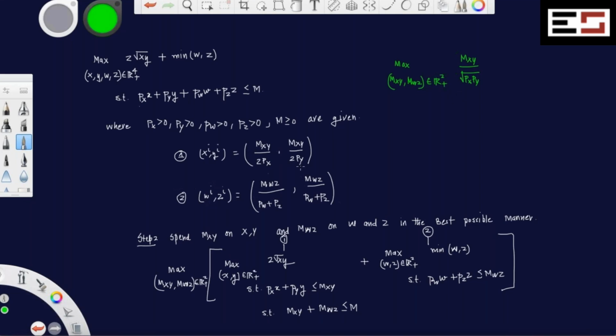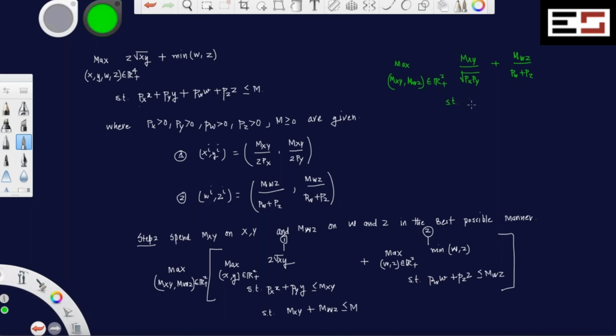So this will be the product of these two, and then taking the square root of it and multiplying it by 2. And what is min wz? Since this is the same as this, and this is the same as this, min wz is actually this only. So you can just write plus mwz upon pw plus pz. Okay, and what is your constraint?